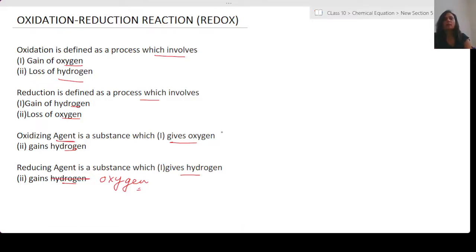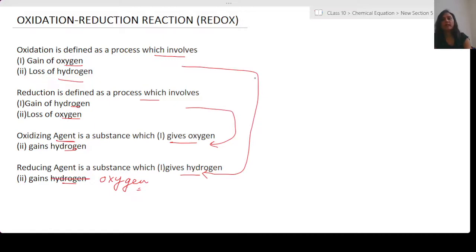Okay, because see, they are alike. That is gain of hydrogen, loss of oxygen. So here also gives means loss, and gain of hydrogen. And oxidation is alike to the reducing agent. Okay, there is a gain of oxygen and there is a loss of hydrogen.